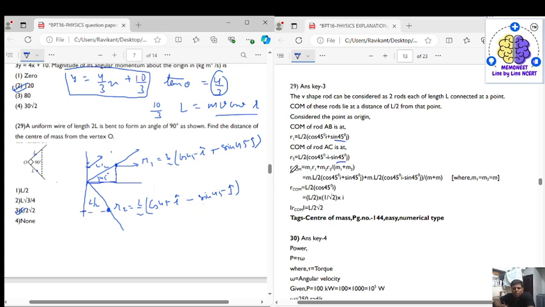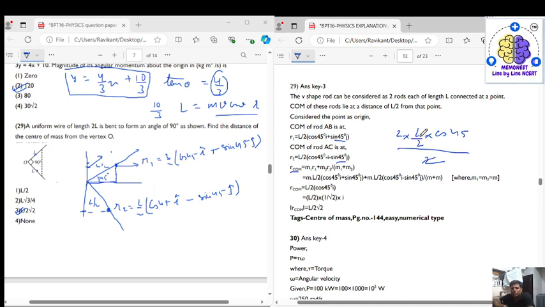Now using the formula R of center of mass equal to M1 R1 plus M2 R2 upon M1 plus M2, putting in the values and solving, we get L by 2 into cos 45 into 2 in the numerator upon 2 in the denominator.